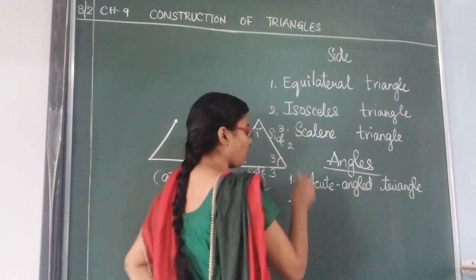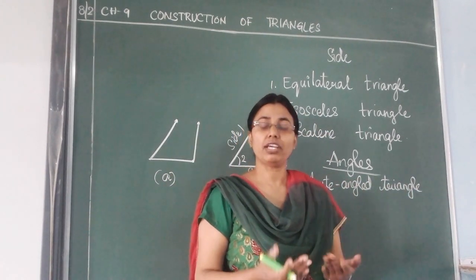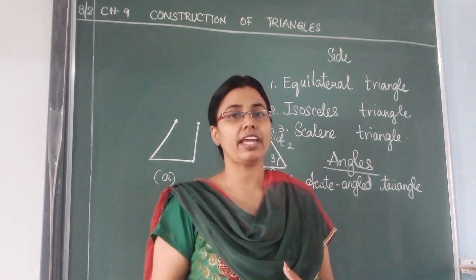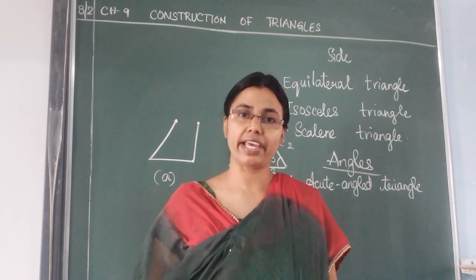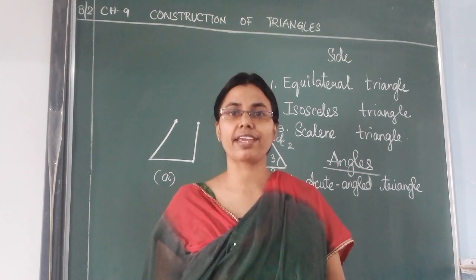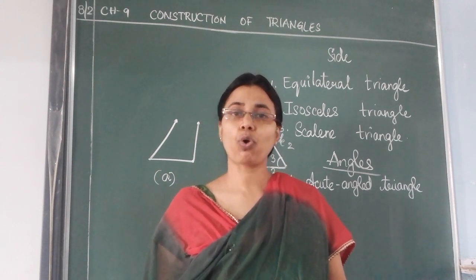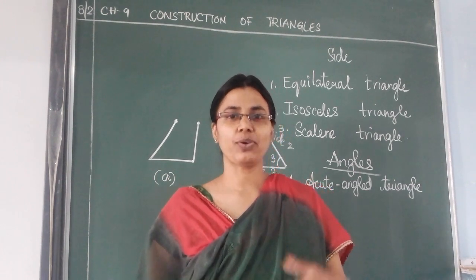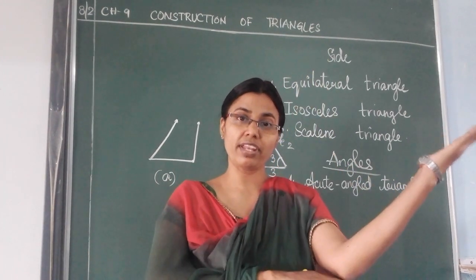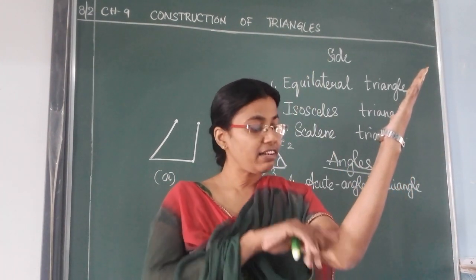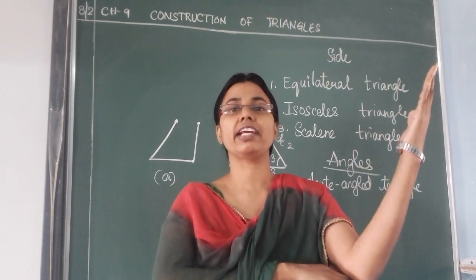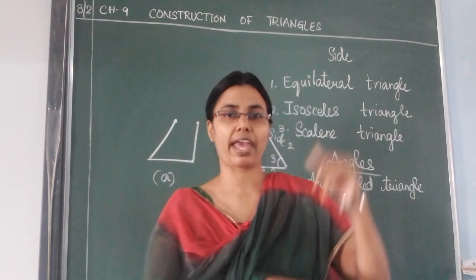Okay. Now next, if one angle is an obtuse angle, then that triangle is called an obtuse angled triangle. What is an obtuse angle? Very good. The angle which is more than 90, the angle formed here is more than 90 and it is an obtuse angle.